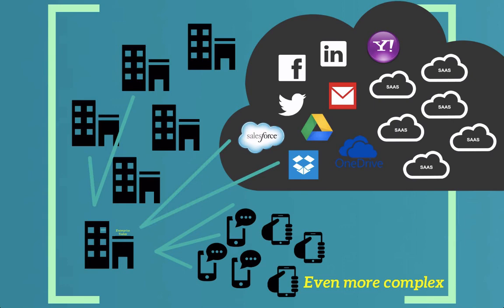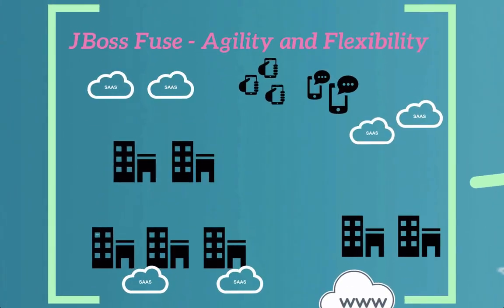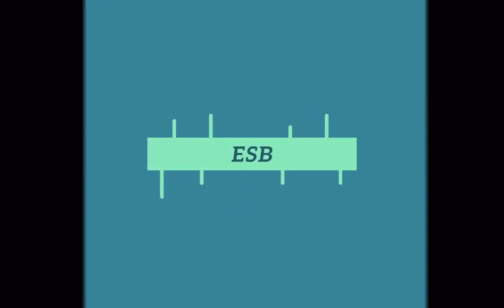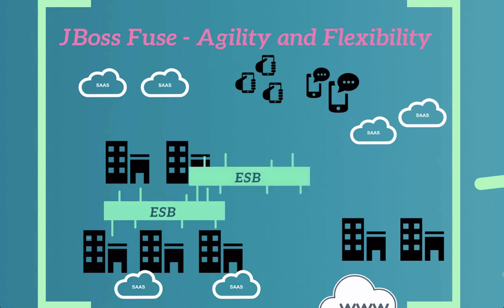Well, JBoss Fuse is not just a lightweight enterprise service bus. Because of its agile nature, rather than deploying one huge bus within your enterprise, you are now free to design your enterprise architecture to adapt to your special business needs.